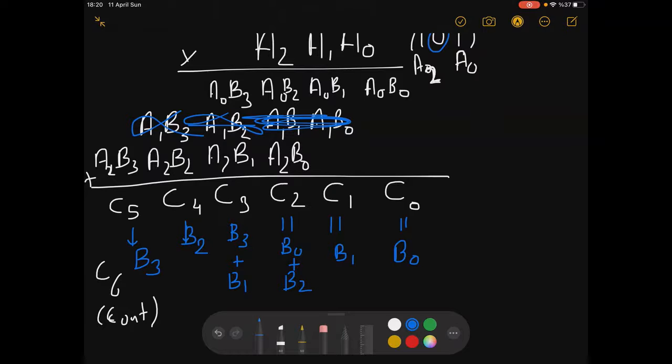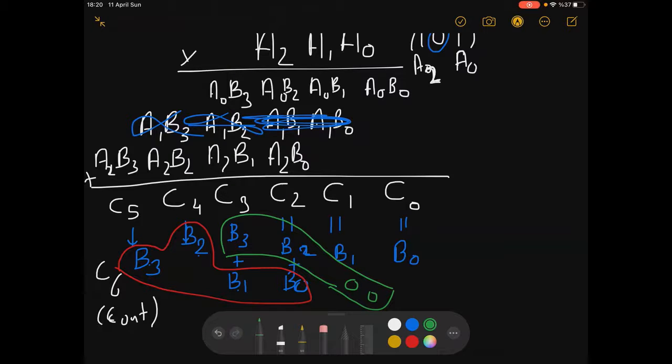So you will have B3, B2, B1, and let me just put it like this. It would be much more beautiful. B0. Look at this. This one, and this one, 0, 0, added together in a 4-bit ripple carry adder, and these will be your direct out.